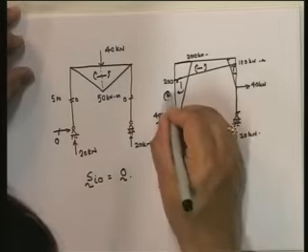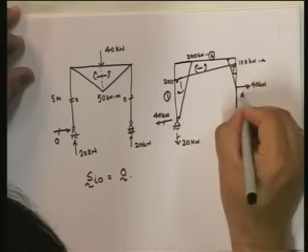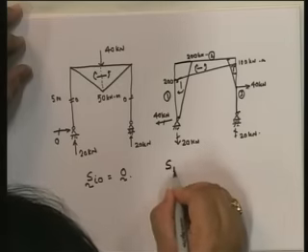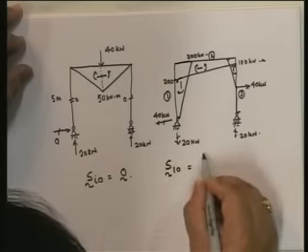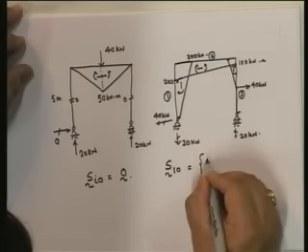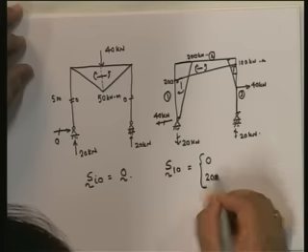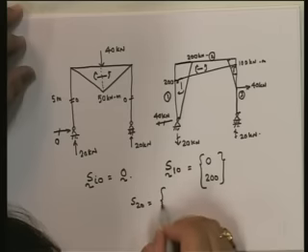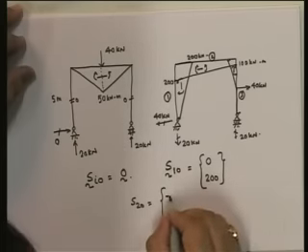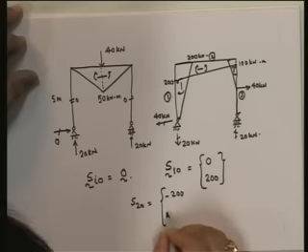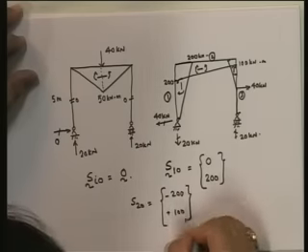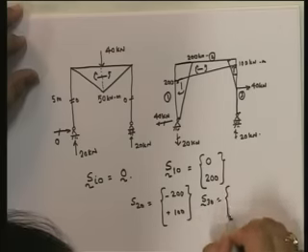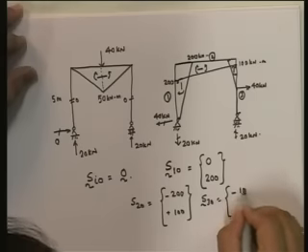So if this is member 1, this is member 2, this is member 3, you will see that for S1,0, it will look like 0 to 100. For S2,0, it's going to be equal to minus 200 plus 100, and for S3,0, it is going to be minus 100.